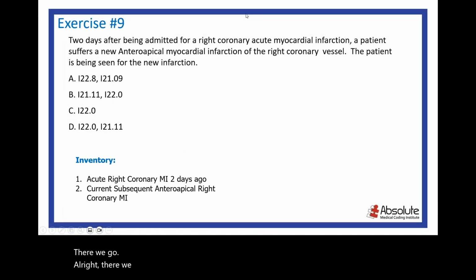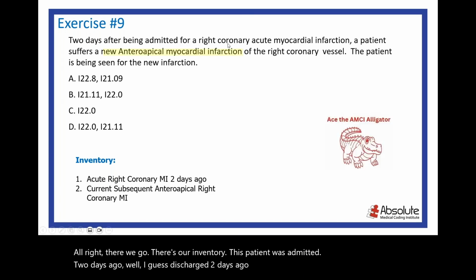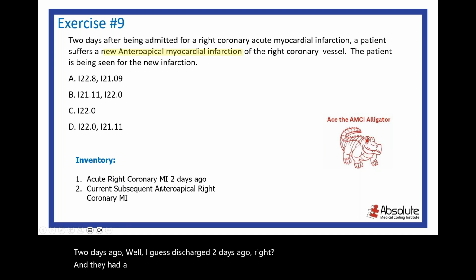There's our inventory. This patient was admitted 2 days ago, well, I guess discharged 2 days ago, and they had a right coronary myocardial infarction. Today they have a new anteroapical myocardial infarction.